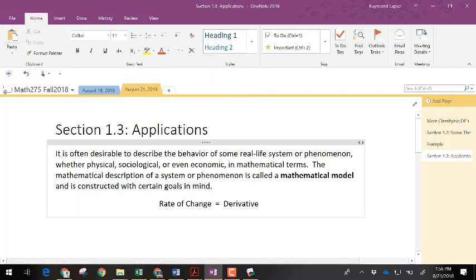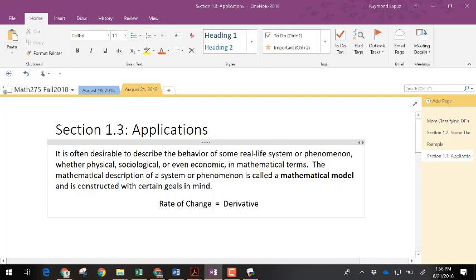So what we're doing here is we're going to take a look at a problem. They say real life, but we'll put real life in quotes. A real life problem that's described in words, or to describe a particular scenario by saying the rate of change is something, then we're talking about translating that into a differential equation.